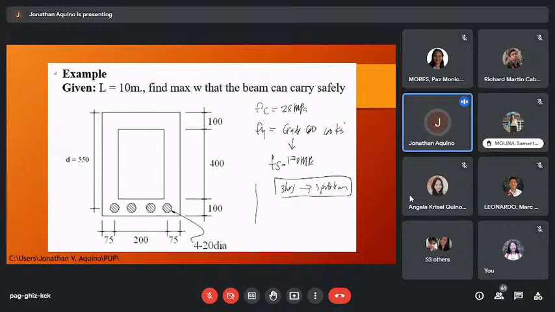Yung ultimate stress design medyo tricky na kasi hindi na pwede yung transform section.